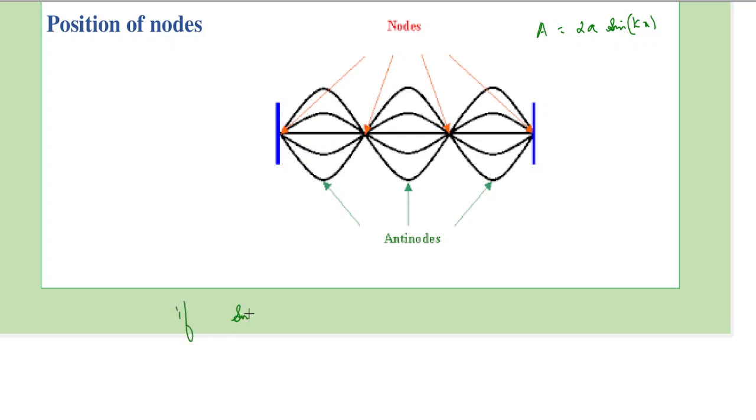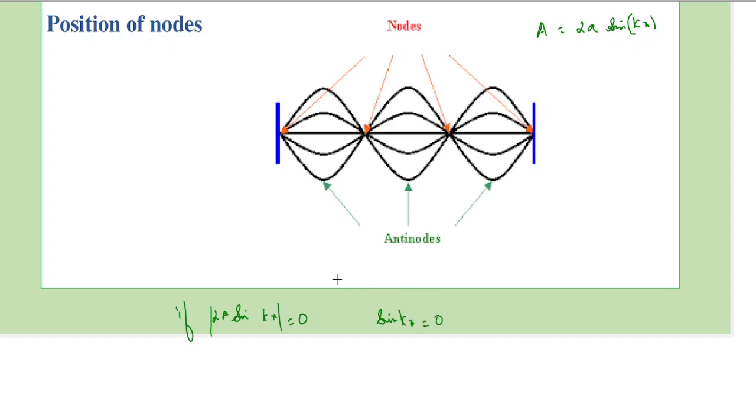Now here, if we take 2a sin kx, its mod as 0, it implies that sin kx is equal to 0.